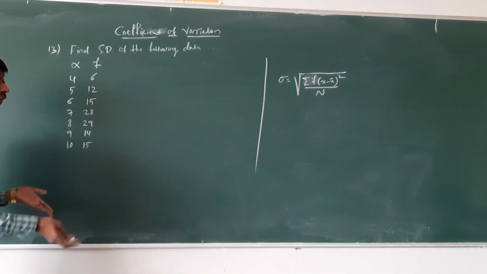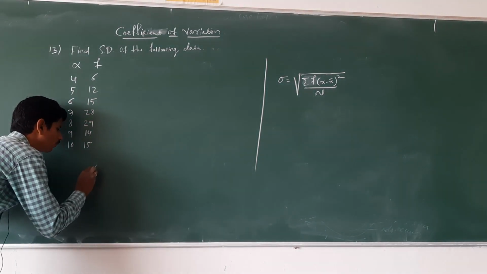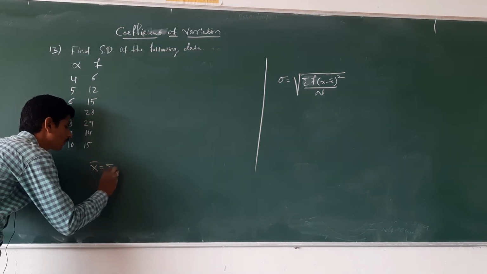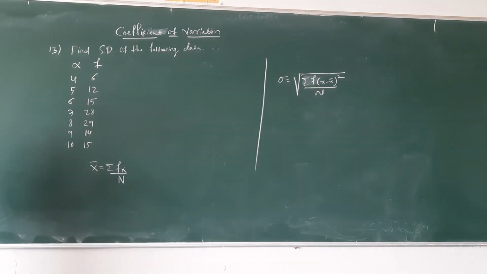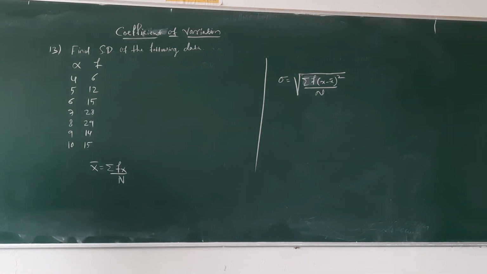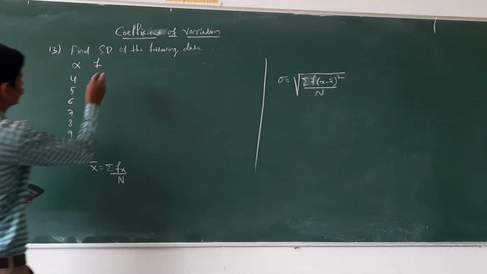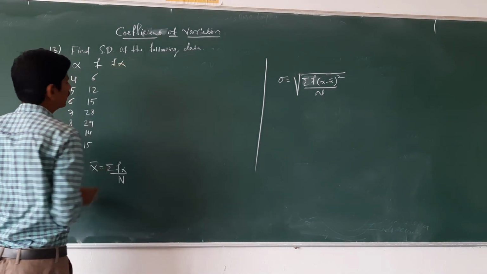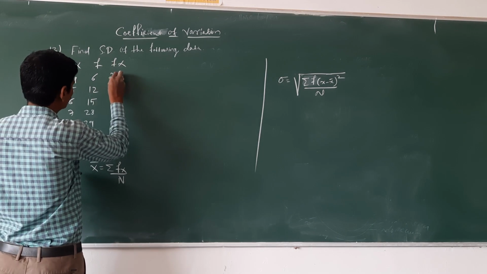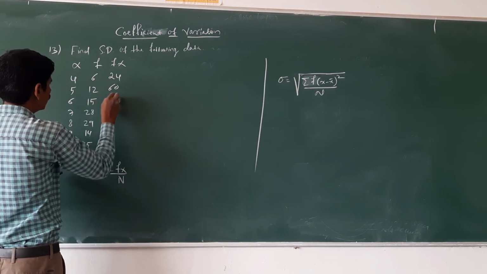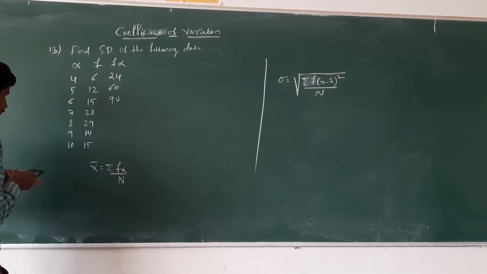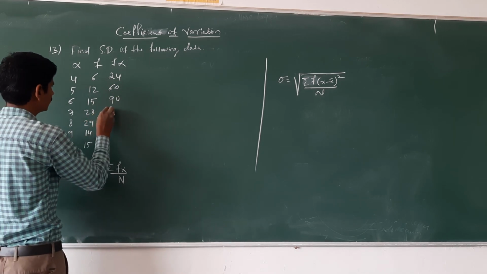Then how to calculate the x bar value? Here x bar equal to sum of fx by capital N. Here 6 4s are 24. We have to multiply f into x. 6 4s are 24. The next, 12 5s are 60. 15 6s are 90. 28 into 7 is 196.